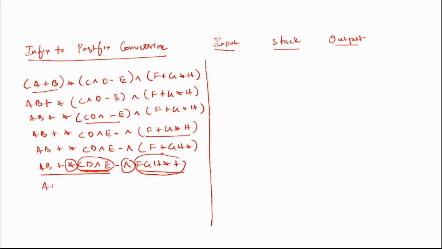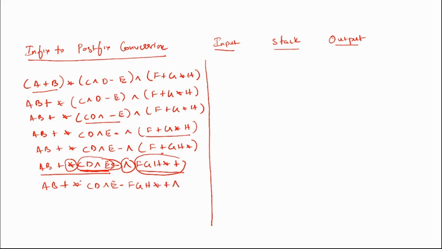So now I'll just write ab plus star as it is, and then cd to the power e, right? Now we need to evaluate exponential. Therefore the operand would be this as well. E minus, correct? I'll say here f g h star plus and exponential.